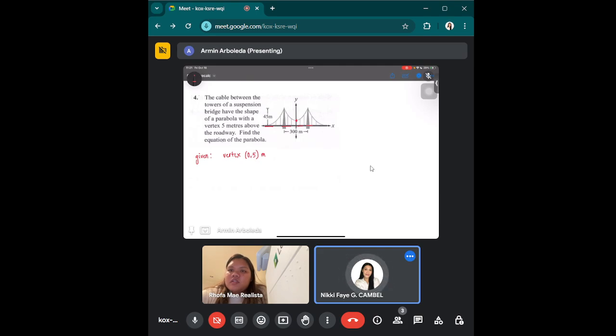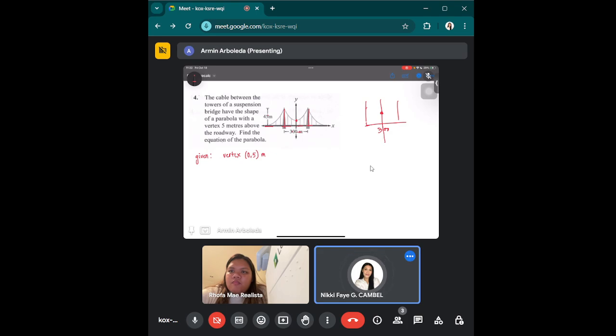So we can get the other points from this one, like this and this. It's telling us that from this tower to this tower is 300 meters. Here is our vertex. From this tower to this tower is 300. But if we're gonna get the point, it's gonna be half, right?